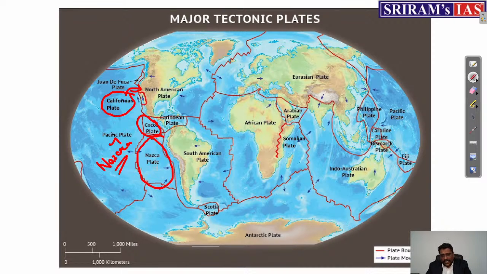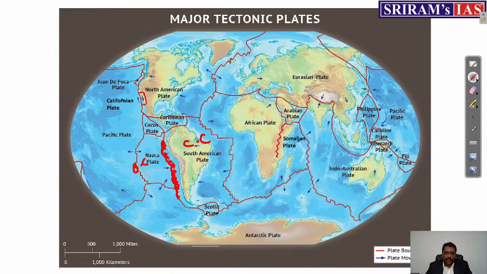Because the Nazca plate's convergence with the South American plate has created the world's longest mountain range, the Andes. Not only the Andes, because this is a convergent boundary between continental crust and oceanic crust, there you may also have the formation of trenches. This is also the world's longest trench, called the Chile-Peru trench. That way the Nazca plate is very important.